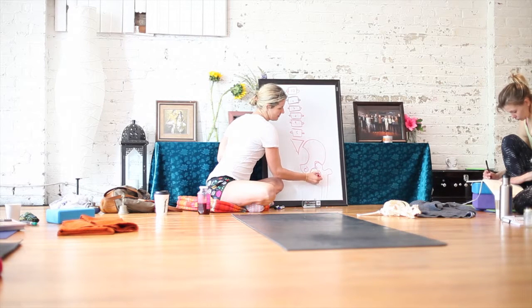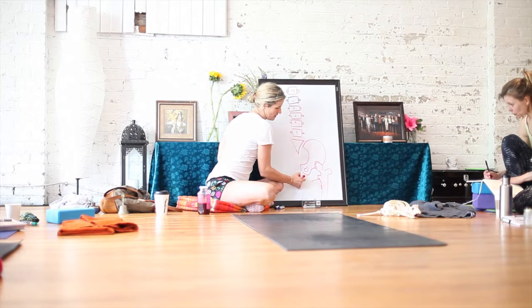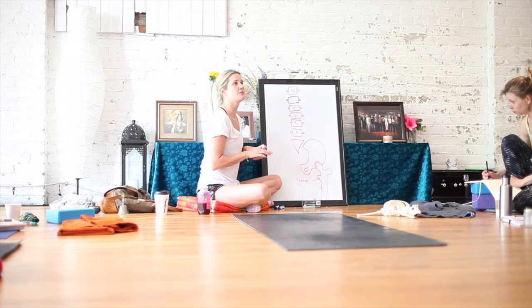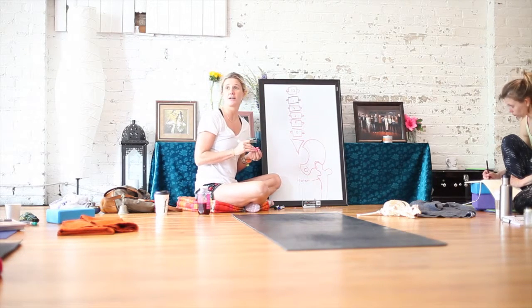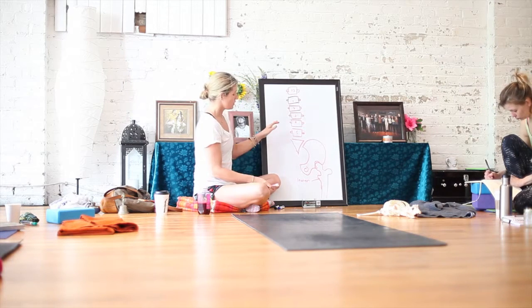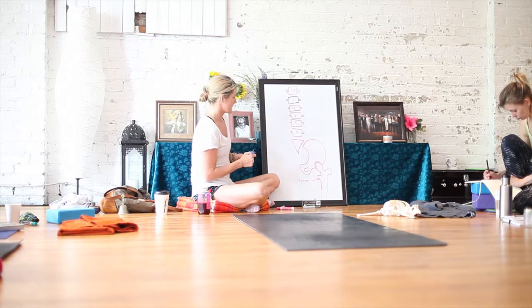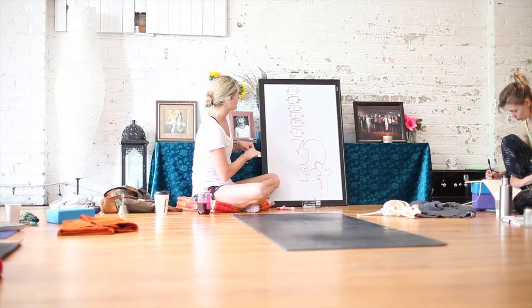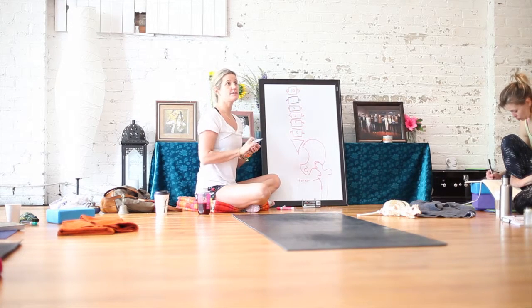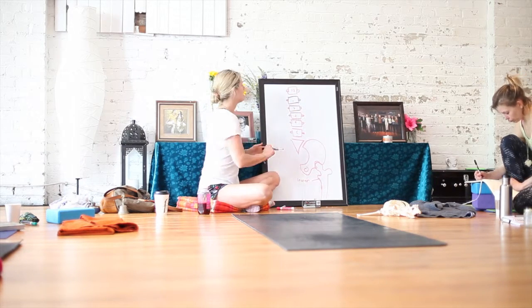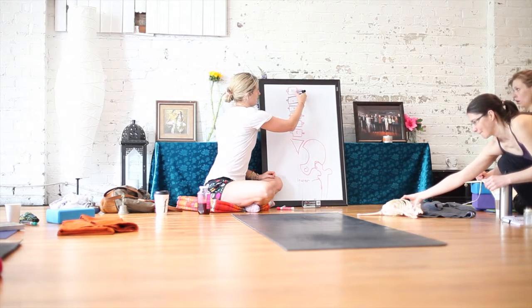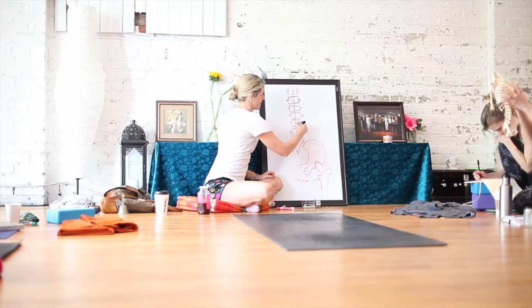That's cool. So this is the lesser trochanter, okay? Because all of the muscles we've talked about so far have been attaching to the greater trochanter. So this muscle is crazy. It attaches to the anterior, the front side of the vertebra, from T12 to L5.